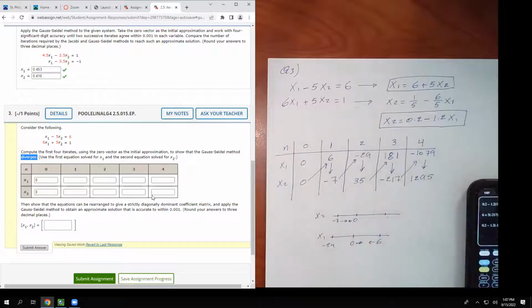Let's check it out. I asked you just for iterations, that means this one is 6, this one is negative 7, second one is negative 29, and this one is 35, third one is 181. And here is negative 217. Fourth one is negative 1079, 1295.